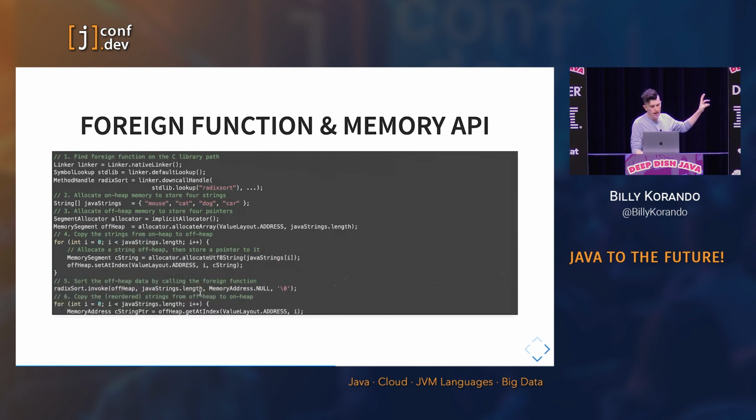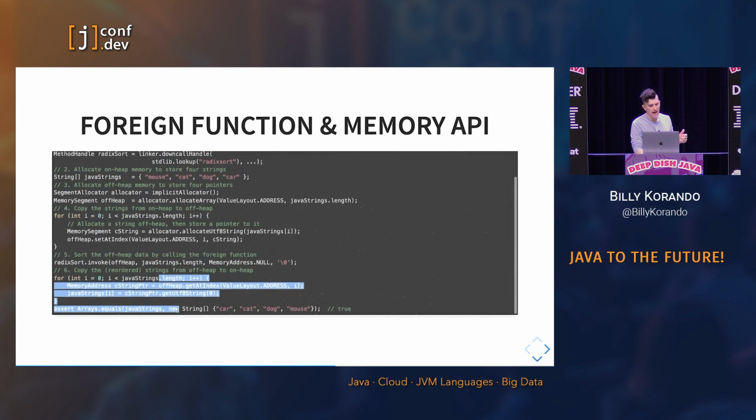And then we reference the native library, the native radix sort written in C, which you can probably do much faster than in native Java code, to resort that array. And then we copy the values back out from that library into the Java code, now in the proper order.